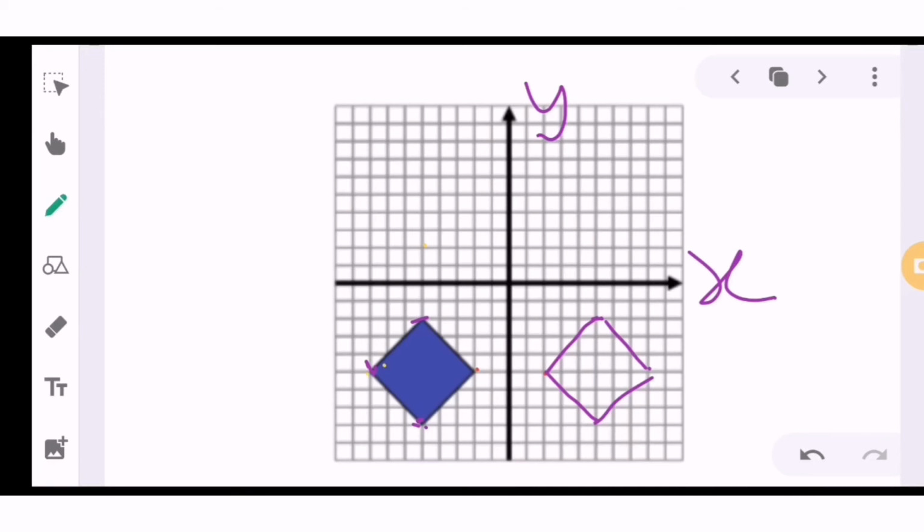How many units? It's 1, 2, 3, 4, 5. So this is 5 units, which means that when it gets to the other side, it should also be 5 units. So we have 1, 2, 3, 4, and 5 up to that side. So we plot this point there.